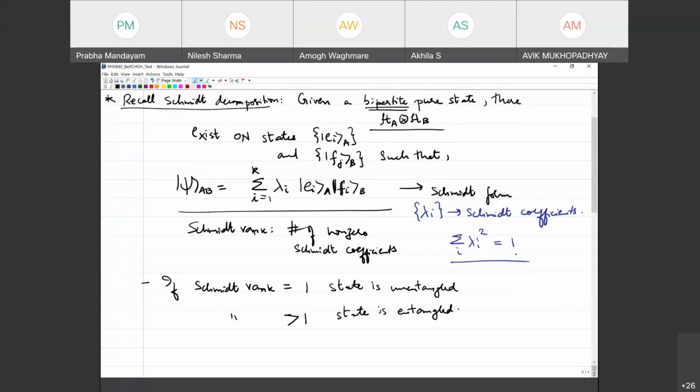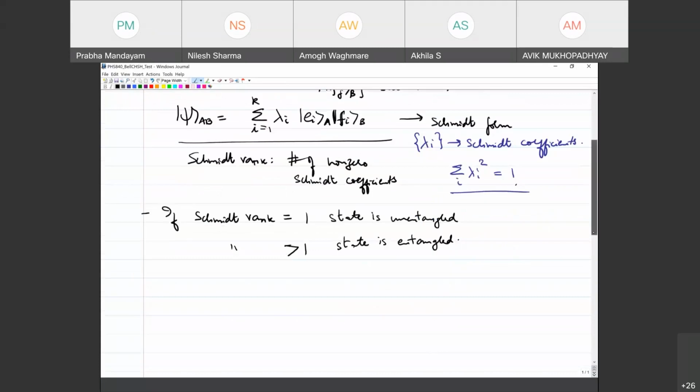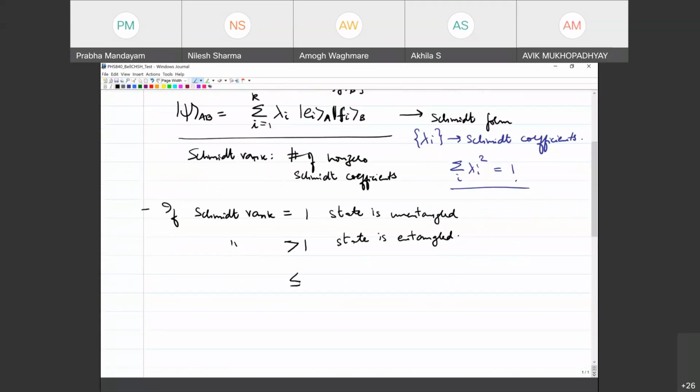And the Schmidt rank is always less than or equal to whichever is the smaller of the two dimensions, right? So this basically puts a bound on how entangled a pair of states can be. That is constrained by the dimensionalities of the two systems, right? I already explained this on Monday.